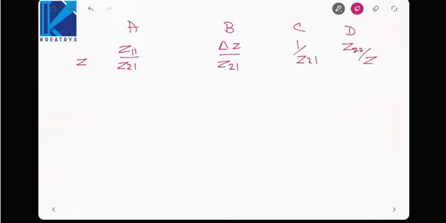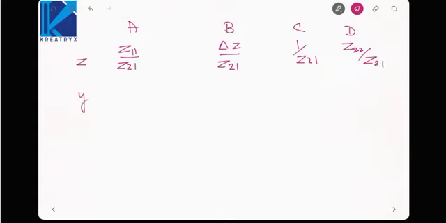And the last, ABCD parameters, in terms of Z, it will be Z11 by Z21, delta Z by Z21, then 1 by Z21, Z22 by Z21. In terms of Y, what you will do?